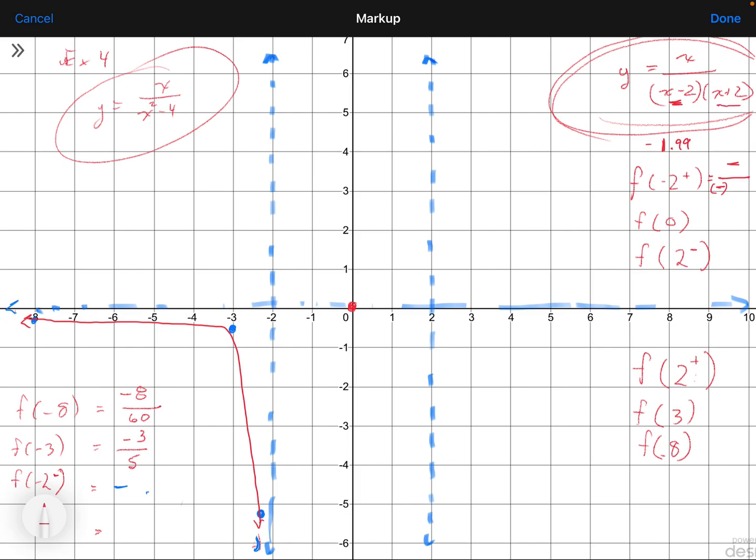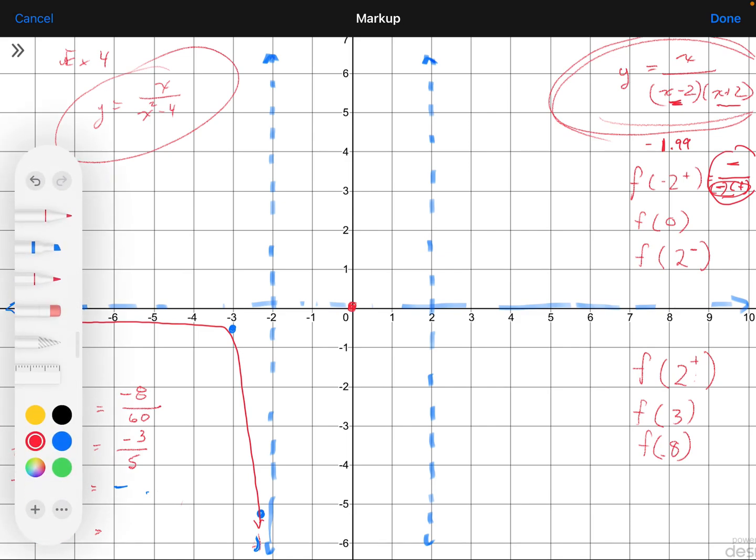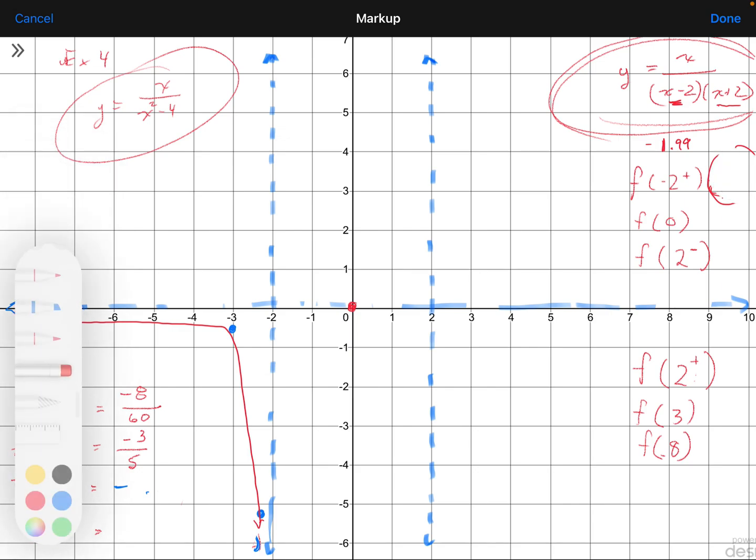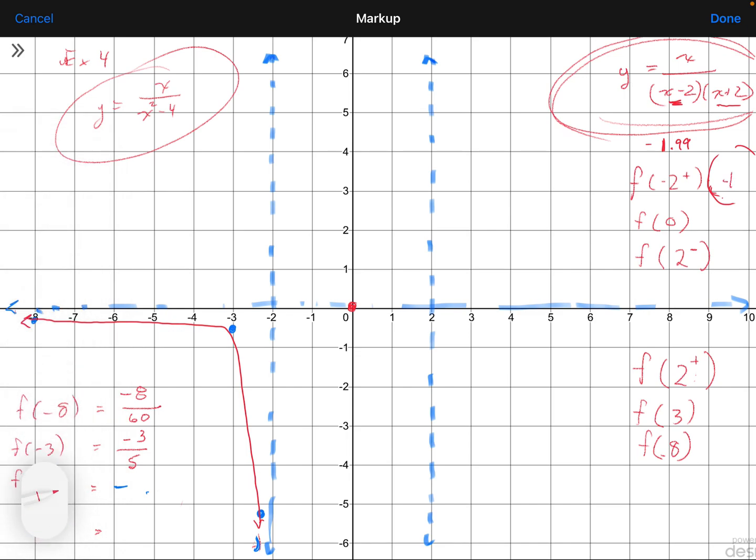If I take a look at this factor, -1.99 plus 2, well, that factor is going to be positive. But overall, is a negative divided by a negative times a positive, what's the outcome? Well, the denominator, a negative times a positive, is a negative. Overall, we will have a negative divided by a negative, which ends up, weirdly, being a positive.